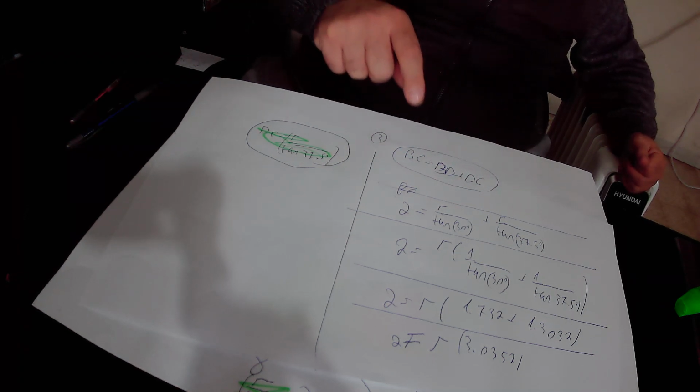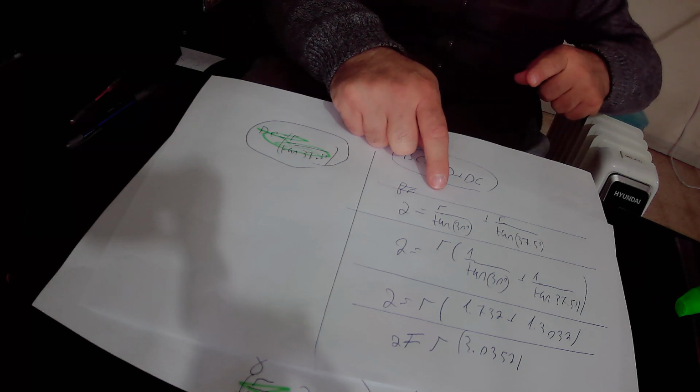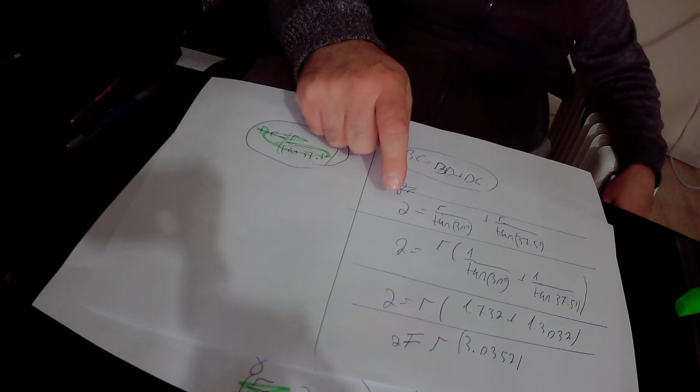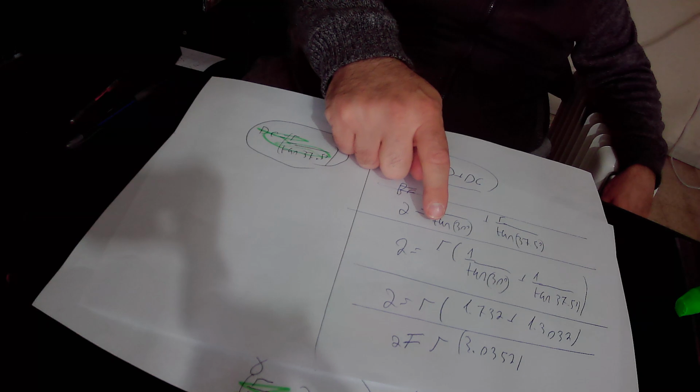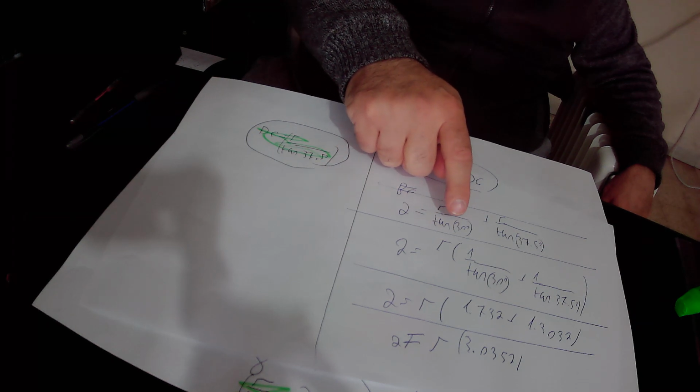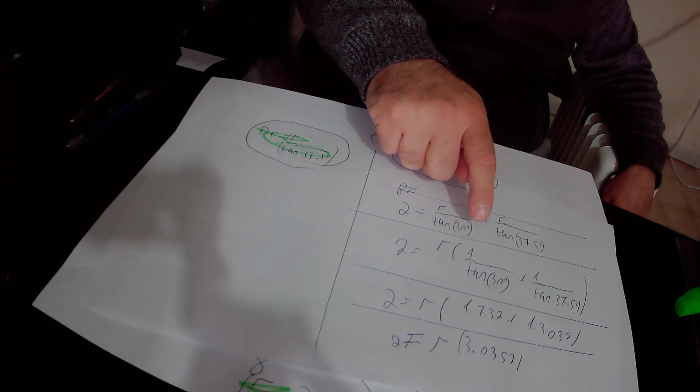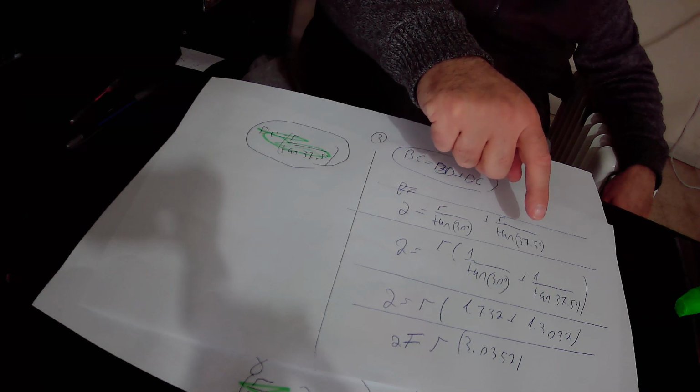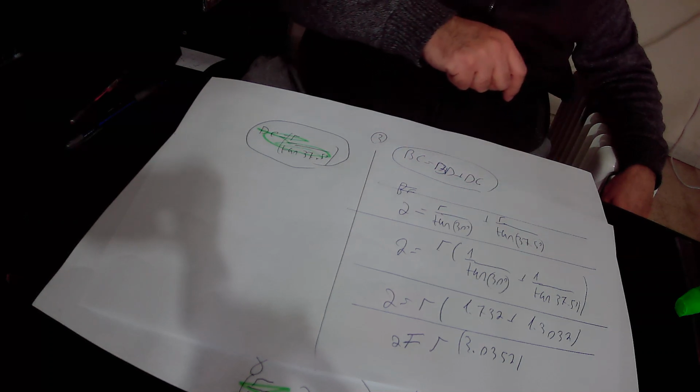Here we took R as a common factor from those two expressions, and found that 2 equals R times the bracket, inside which we are left with 1 over tangent 30 degrees plus 1 over tangent 37.5 degrees.